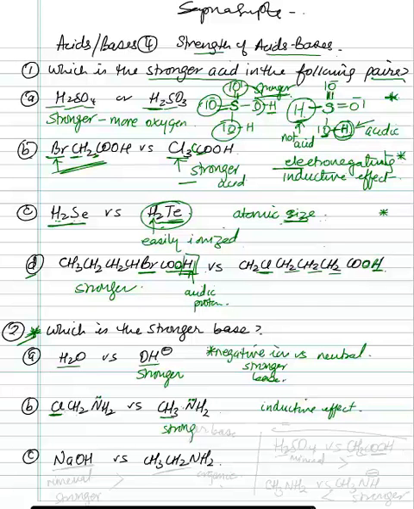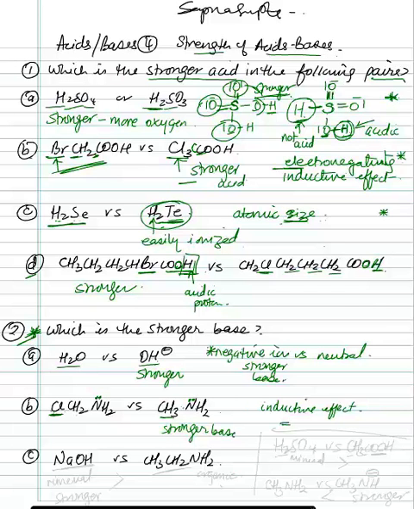Which means that the one without the chlorine is the stronger base. Because nitrogen is the one that has the lone pair of electrons, it has to give these electrons away. If chlorine is pulling the electrons away from nitrogen, then nitrogen cannot give the electrons. So this is weaker, and the one without the chlorine is stronger. This was because of inductive effect.